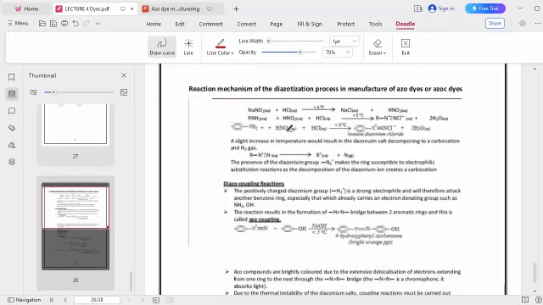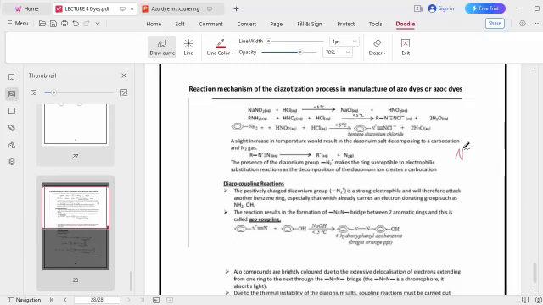If we react this primary aromatic amine with nitrous acid in acidic environment, which means in the presence of hydrochloric acid at a temperature below 5 degrees Celsius, we form what's known as a diazonium salt. For example, in this case, we have benzene diazonium chloride. And the structure of a diazonium salt is as shown here.